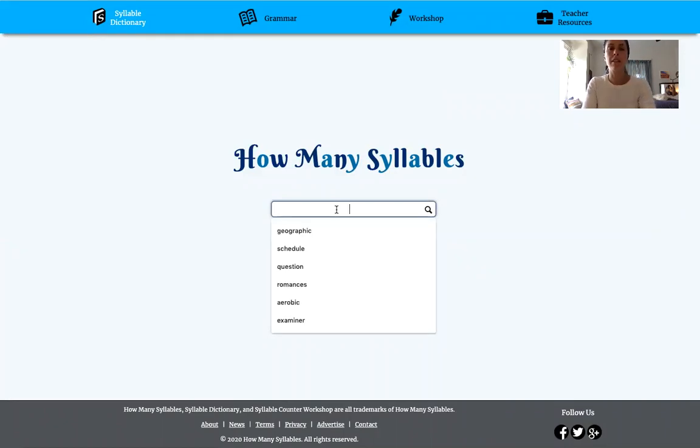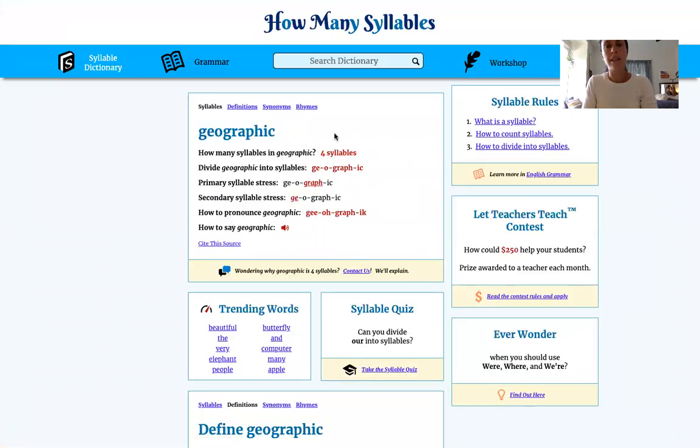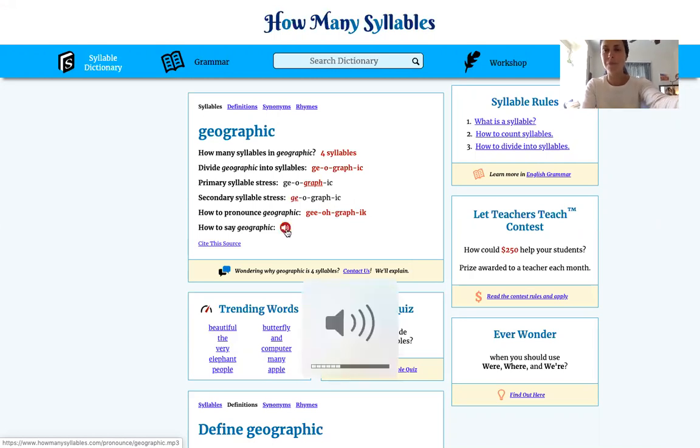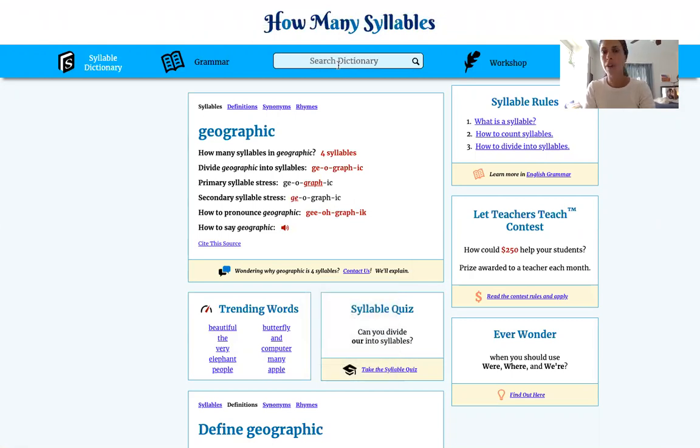So if you type in, I have geographic, we can see that is 4 syllables. The primary syllable is here. The secondary syllable is the beginning. We're just focused on the primary syllables. And then it has the pronunciation, and we can even listen. Geographic. G-O-graph-ic. Geographic. Cool. So I hope you got that. Please use this for any sort of words, for this class, for other classes, totally up to you.